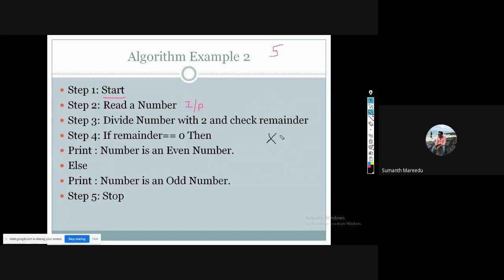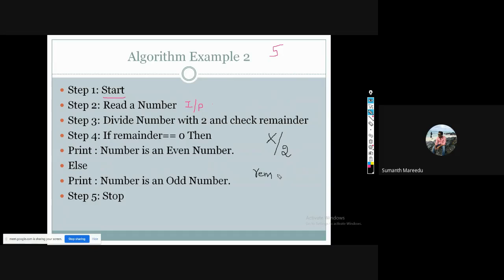I'll try to divide this number X by 2. When I divide the number X by 2, with any number, you do the division operation, you'll get the remainder. So what are the possibilities of the remainder when you divide any number by 2?